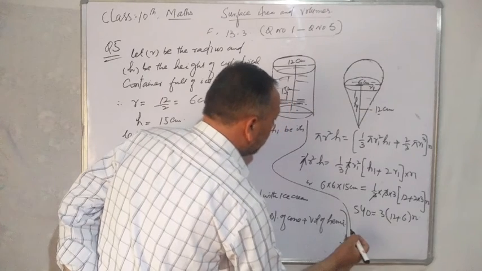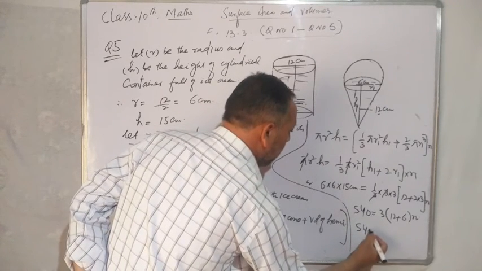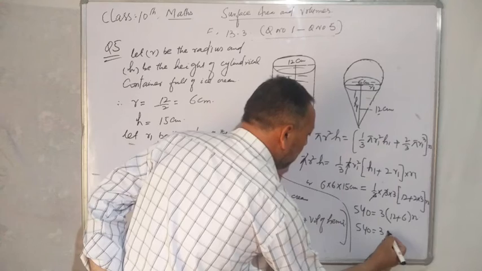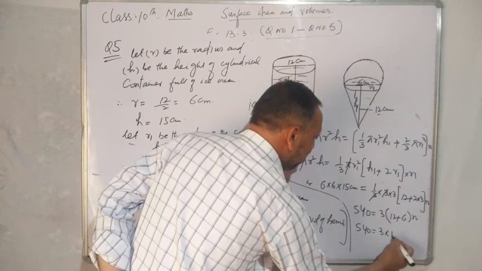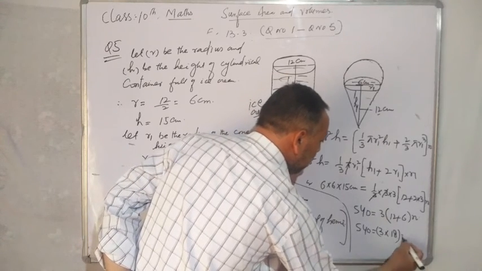So it is 540 is equal to 3 into 12 plus 6 is 18 into n.